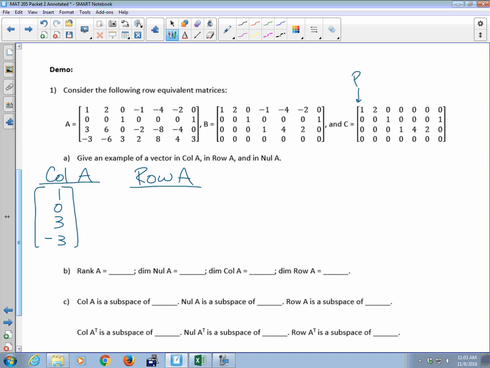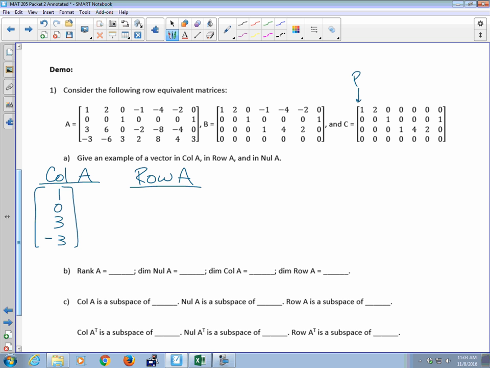All right, so the way you find the row space of a matrix is that the non-zero rows of any echelon form of your matrix form a basis for the echelon form and for the original matrix. So we pick any non-zero row from an echelon form, so any non-zero row from B or C, those are both echelon forms.